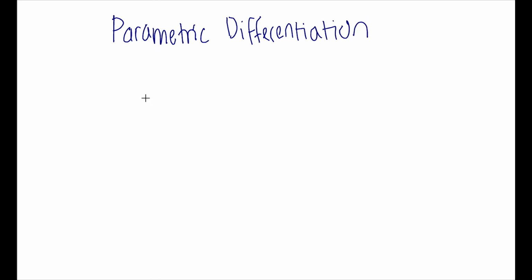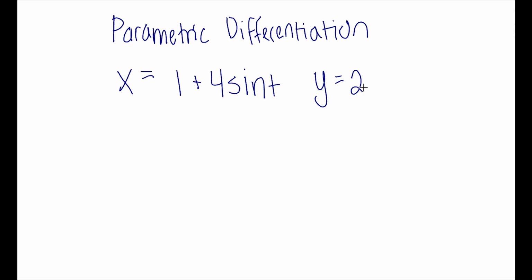So when we're doing parametric differentiation, you're going to have an expression for the x-coordinate and an expression for the y-coordinate. So for example, x equals 1 plus 4 sine t, and y equals 2 cosine t.